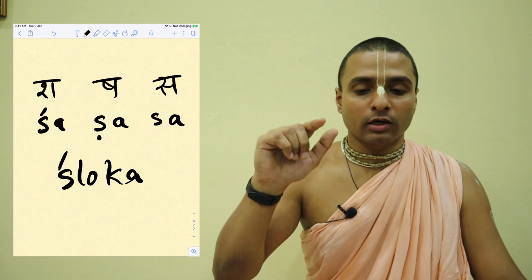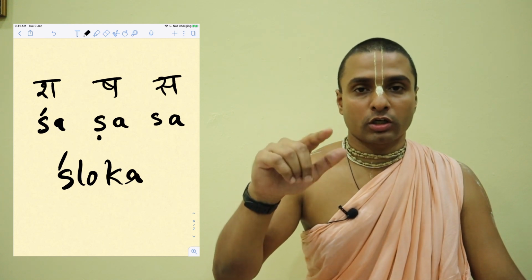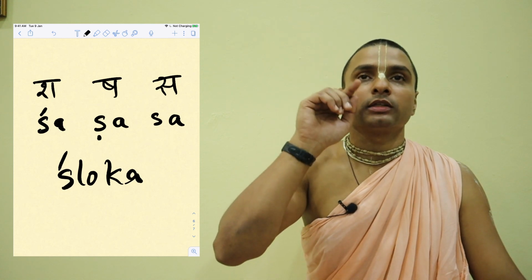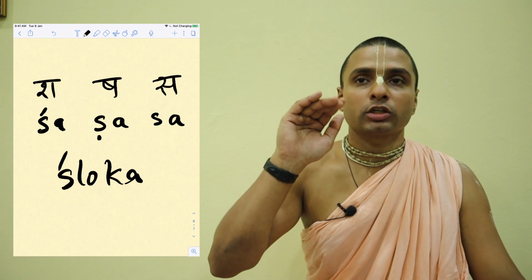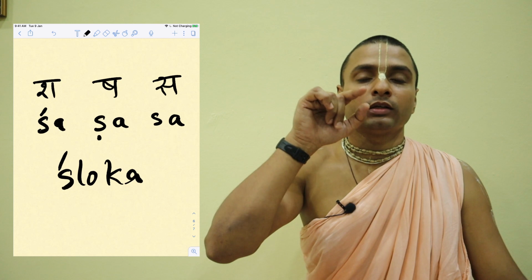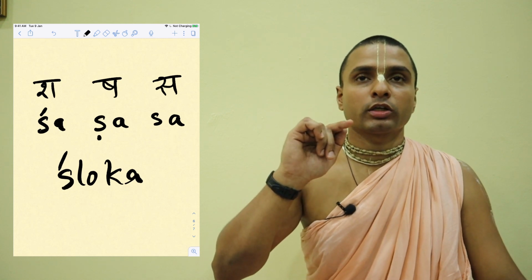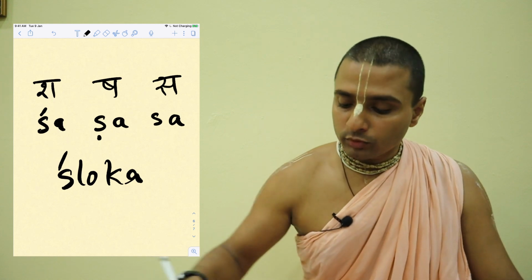Just like s, say sh. So that's where it is. It's almost like ch, but you're not touching it. Force the air out with the tongue at the ch position.